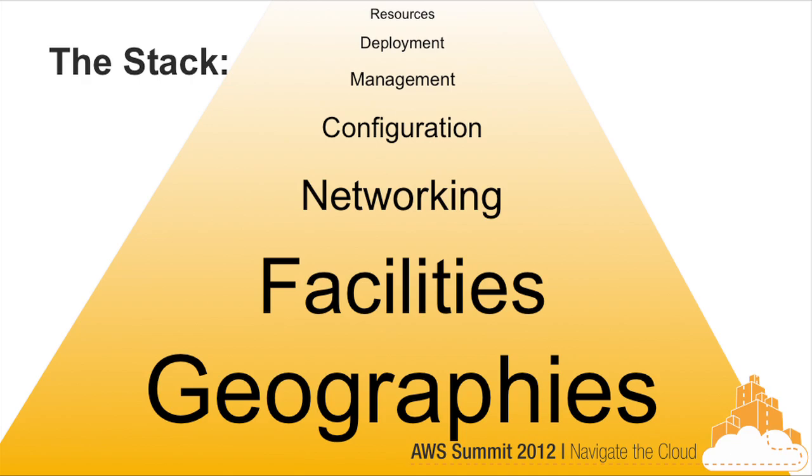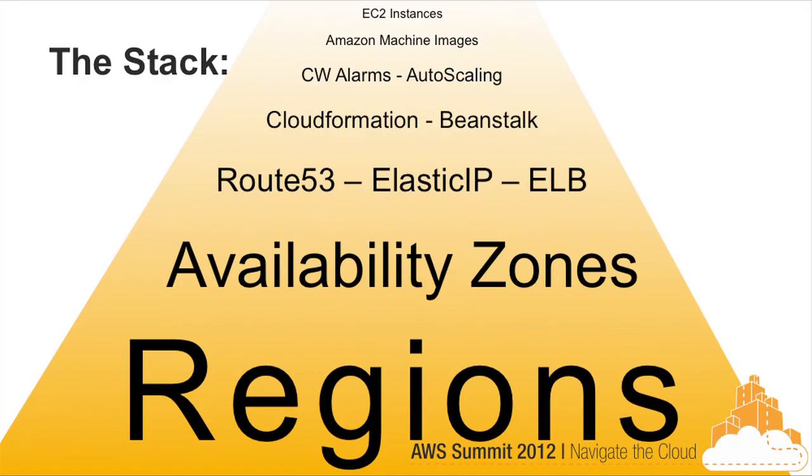We know that there are opportunities for failure at every one of the layers in the stack. From a geographical disruption, an earthquake, a flood, a tsunami, up through problems with individual facilities, the networking, the configuration of your systems, the management of those configurations, the deployment of that management and configuration, and the actual resources themselves. We've built fault-tolerant pieces at each of the layers of the stack.